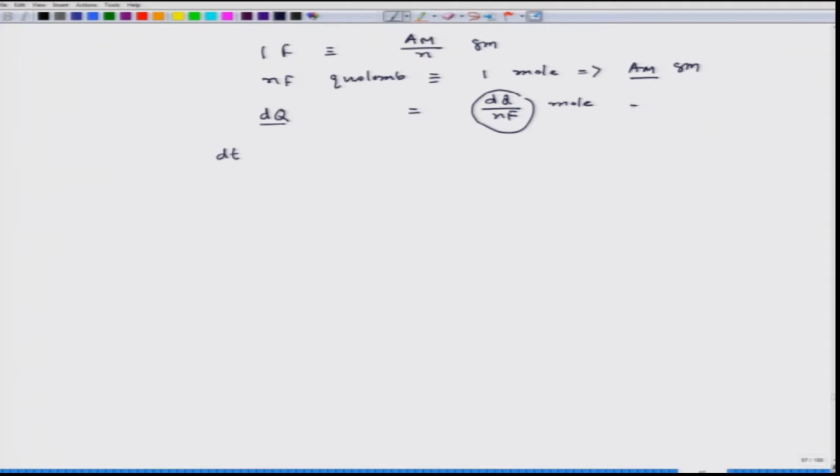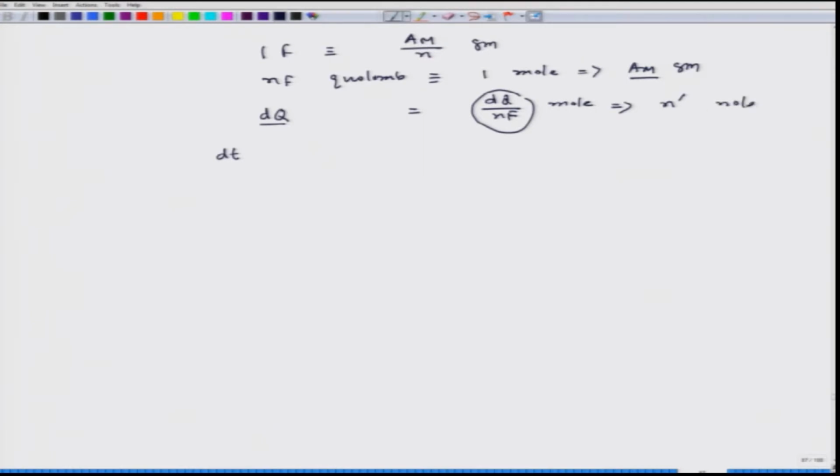So, let us say the number of moles, which I note down as n prime, is the number of moles that is dissolving.